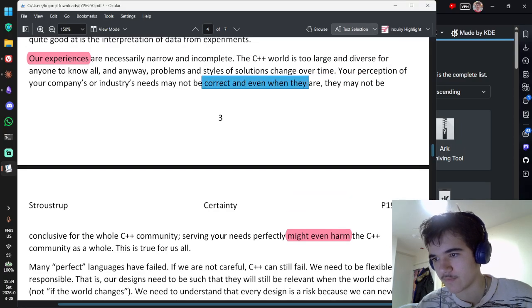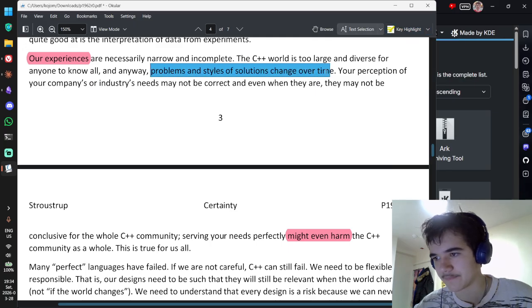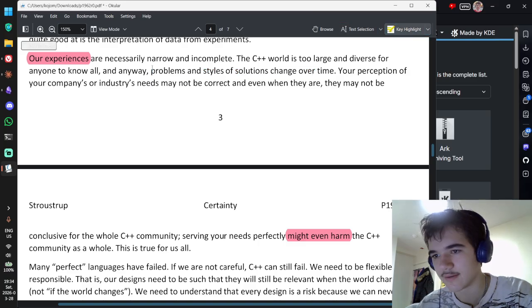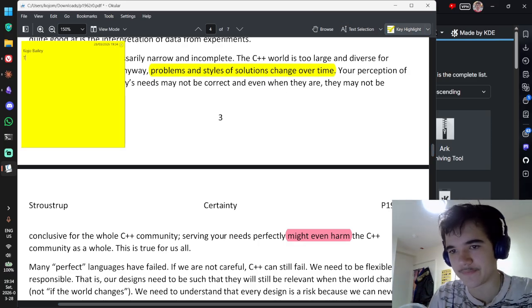This one, problems and styles of solutions change over time. That's a really good insight. I pressed key highlights, I swear I did. Yep, this is generally true.